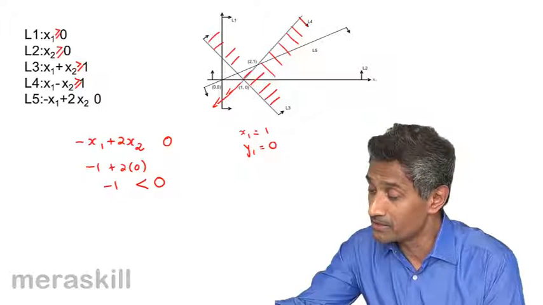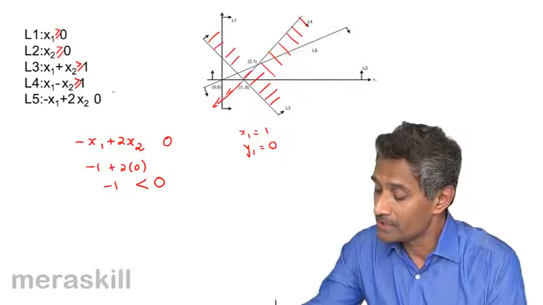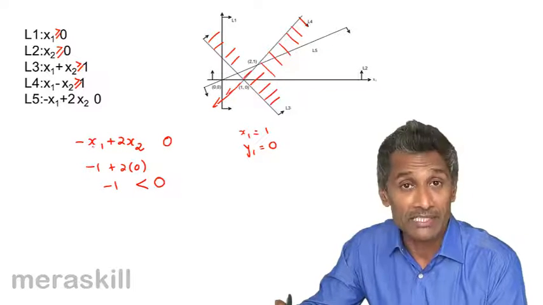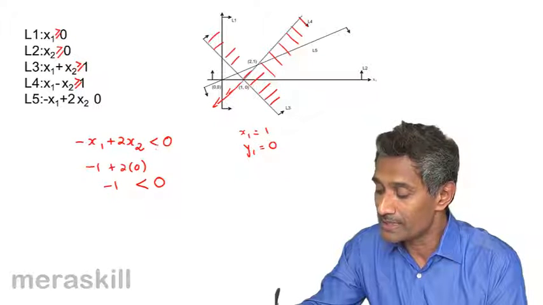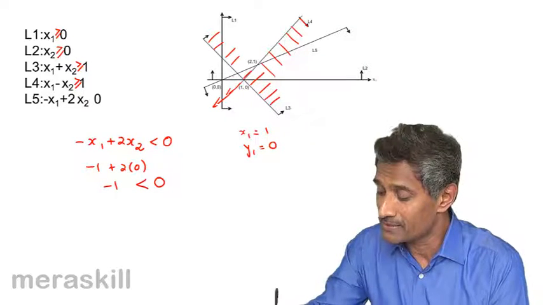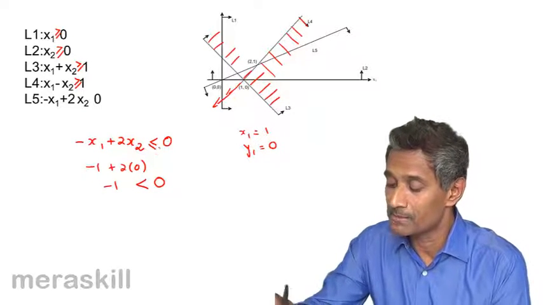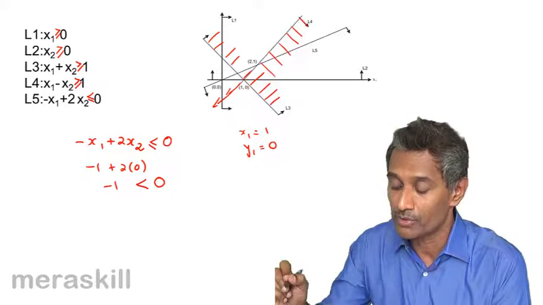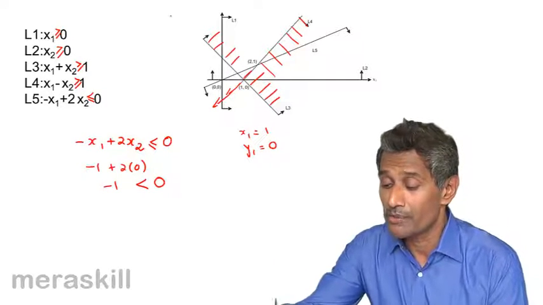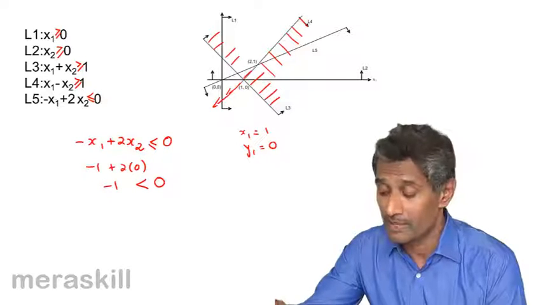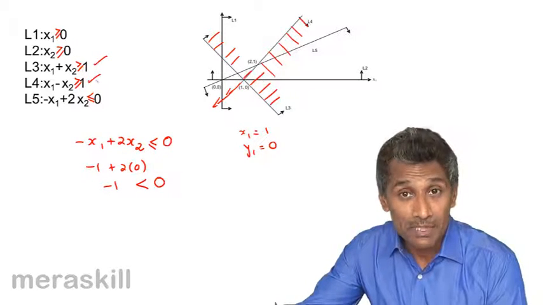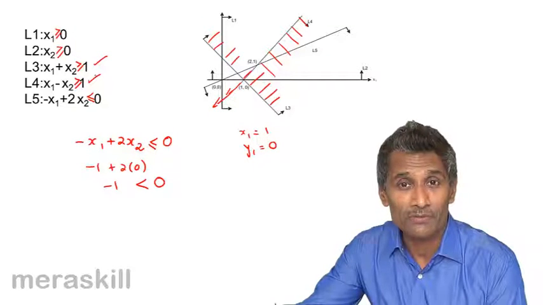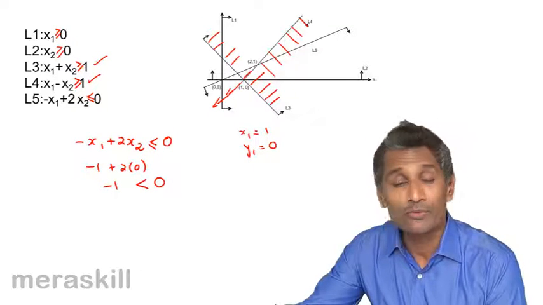So this particular region which is mentioned is obviously in this particular region we have -x1 plus 2x2 is less than 0. Since it is also bound by this line, it has to be -x1 plus 2x2 is less than or equal to 0. So here we have a combination. Remember, once again, with respect to this line and this line, we can decide from the origin side of the line as to how to form the signs.